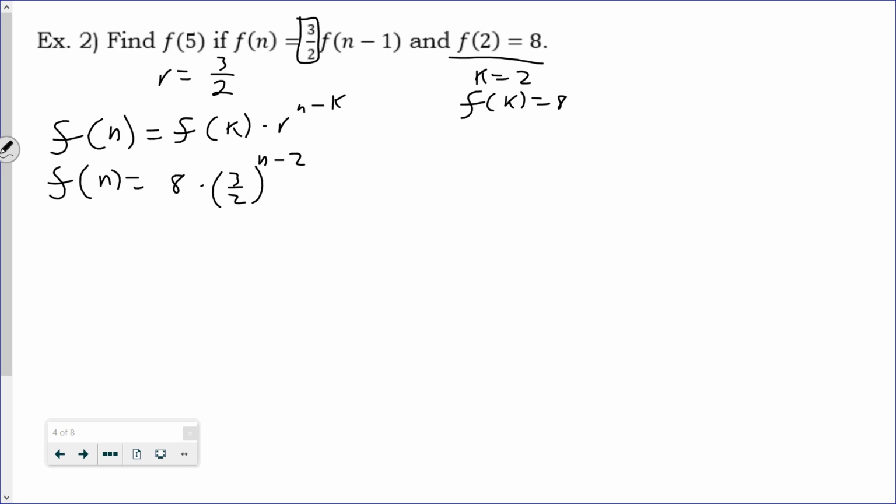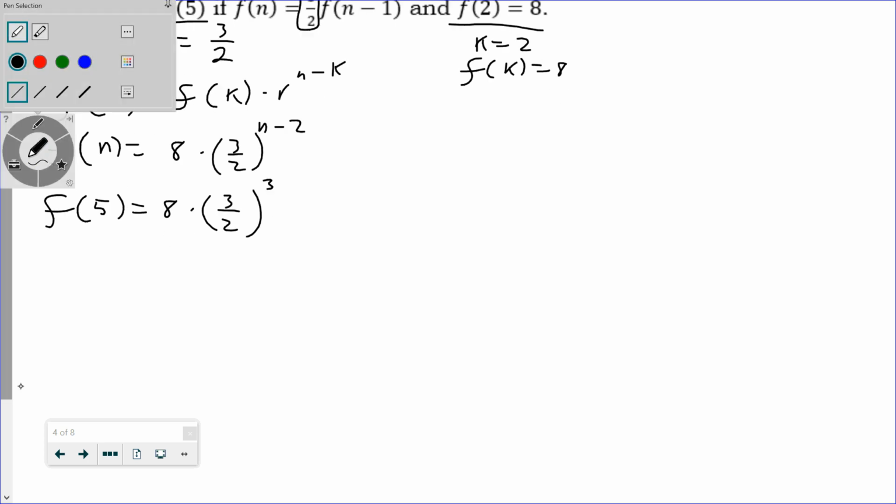So I could make an explicit formula out of it, and solve it that way. Now I want to know what f of 5 is. So f of 5 equals 8 times 3 over 2 raised to the 5 minus 2, which is 3. Right, with n is 5, 5 minus 2 is 3.